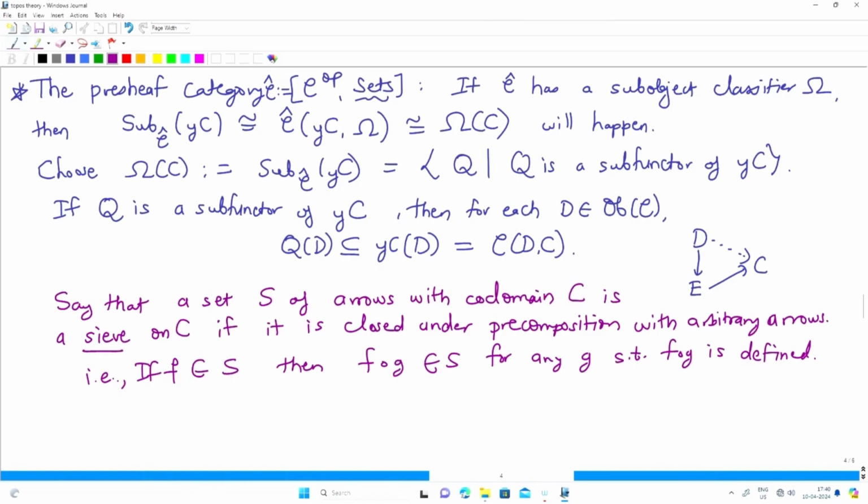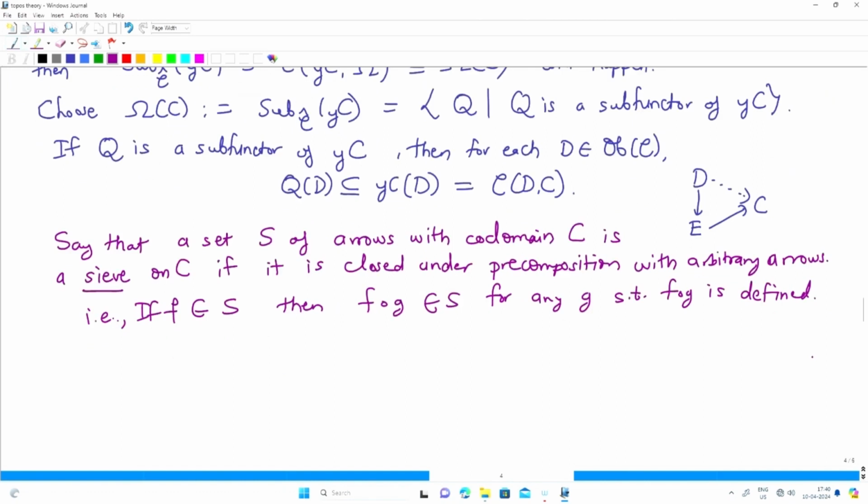So let me try to draw something, and hopefully you will understand why it is called a sieve. There are certain morphisms which you allow, and then many things are coming in. And maybe there are some arrows through which you do not allow stuff.